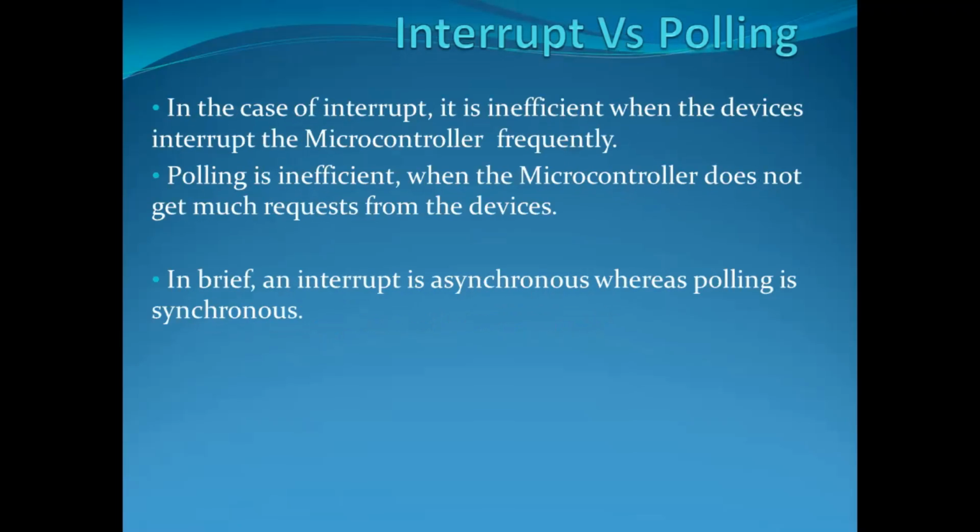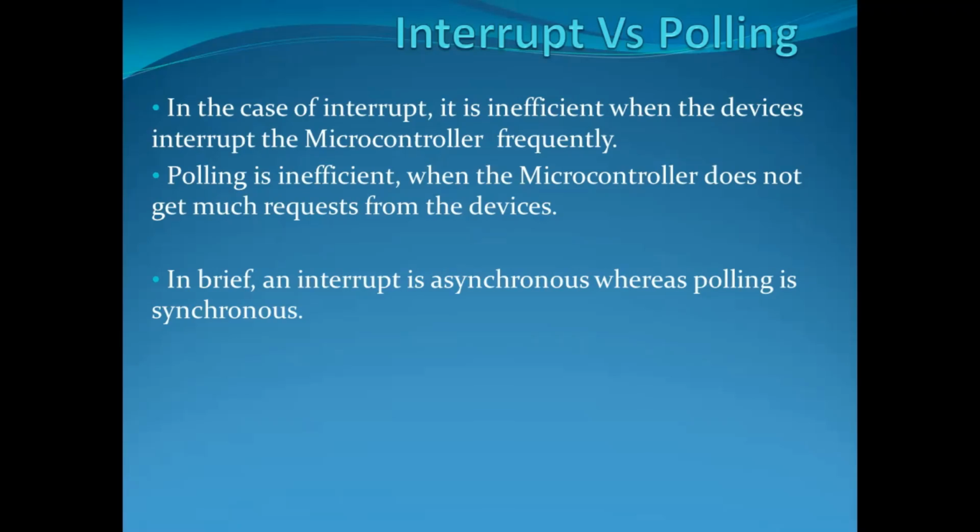Furthermore, in the case of the interrupt, it is inefficient when a device interrupts the microcontroller frequently, because the current execution of the process has to stop, and the attention of the CPU goes to the interrupt handlers. So this is not a good idea.